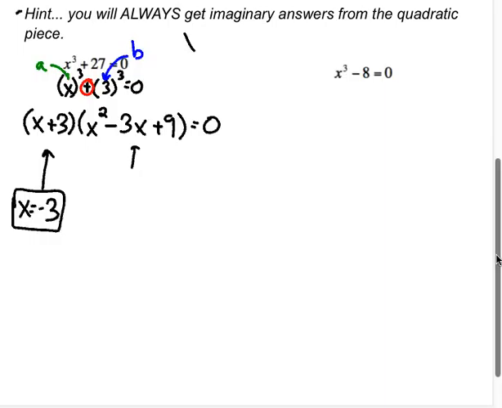So if you need to remember the quadratic formula, here it is. That is going to be very important today, because whenever you're left with that quadratic piece, that is your go-to spot: the quadratic formula.